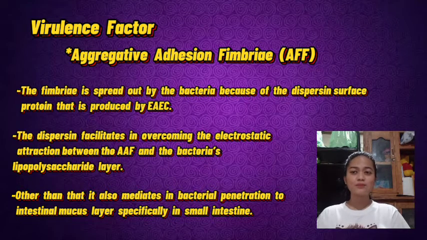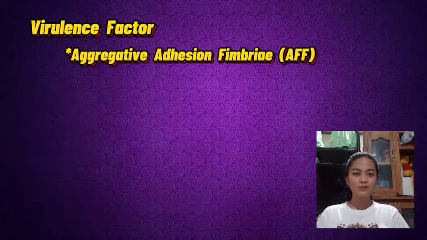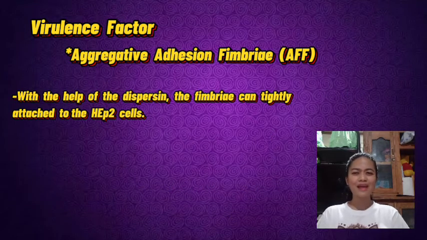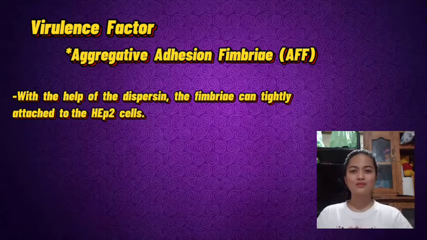The fimbriae are spread out by the bacteria because of the dispersin surface protein that is produced by the EAEC. The dispersin facilitates overcoming the electrostatic attraction between the AAF and the bacterial lipopolysaccharide layers. It also mediates bacterial penetration of the intestinal mucous layer. With the help of the dispersin, the fimbriae can tightly attach to the HEp-2 cells, or the epithelial type 2 cells.